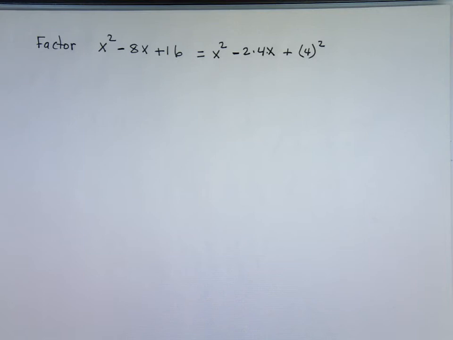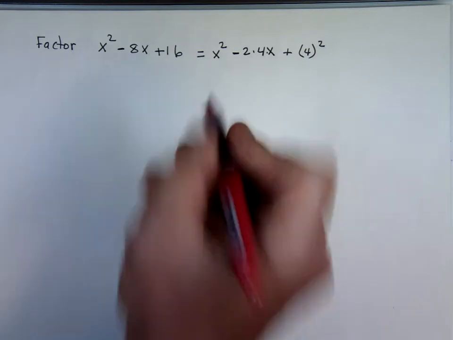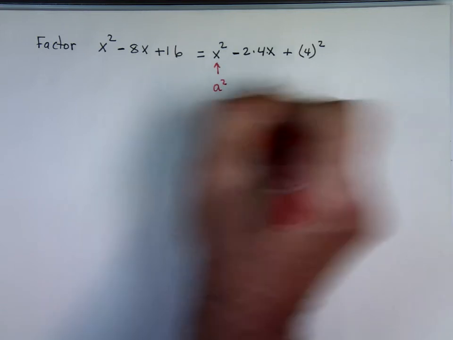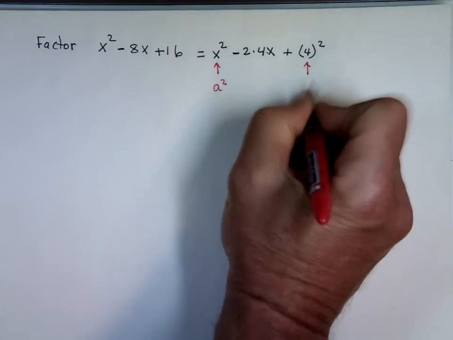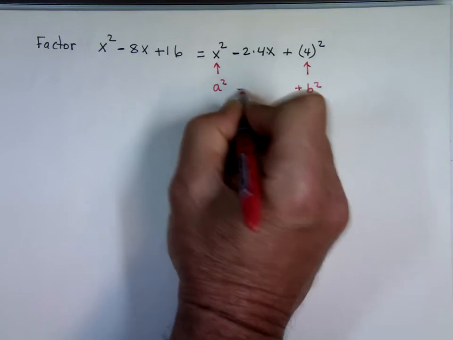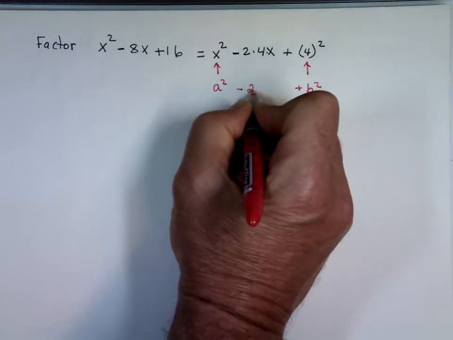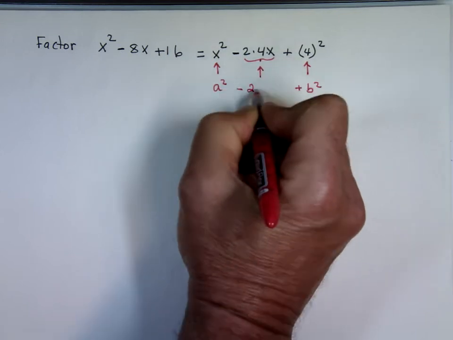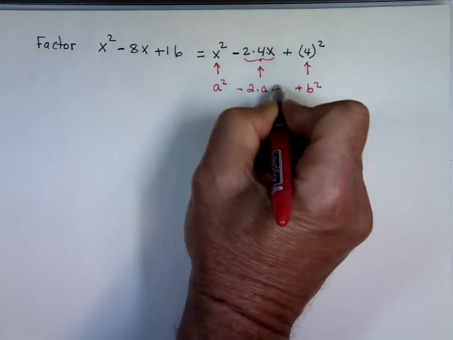And what do you know? That fits that form. This is your a squared. This is your b squared. This is the minus. This is 2 times a times b.